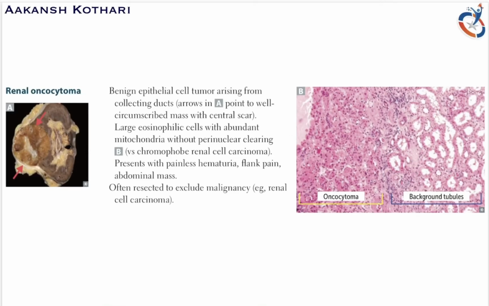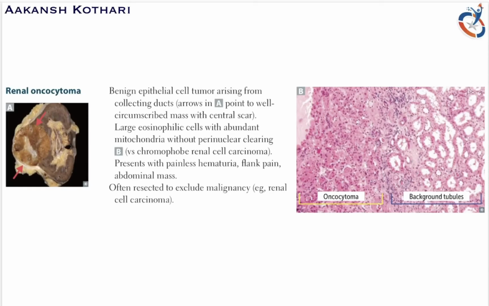Is it clear? Now, what is the presentation of renal oncocytoma? It presents again with painless hematuria, flank pain, and abdominal mass. The primary distinguishing feature is that it arises from the collecting tubule, and on histology we can see abundant mitochondria without perinuclear clearing and an excessive amount of eosinophilic cells.